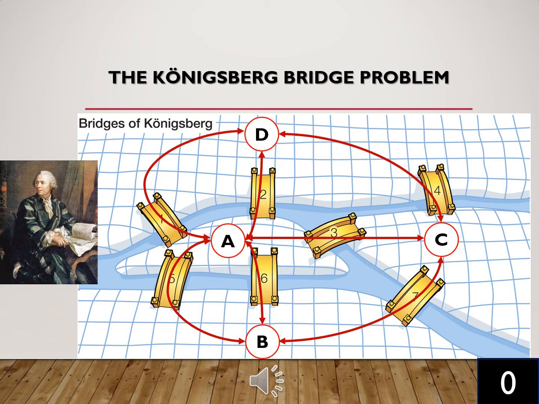Since we know that every time a path enters a vertex, there must be an exit path as well, we can state that these vertices must have an even degree in order to be considered an Eulerian graph. Thus, Euler was indeed right in determining that it was impossible to travel through each bridge in Königsberg only once in a single trip.